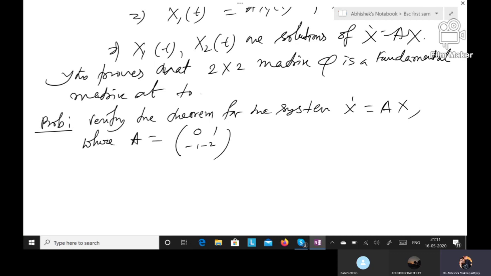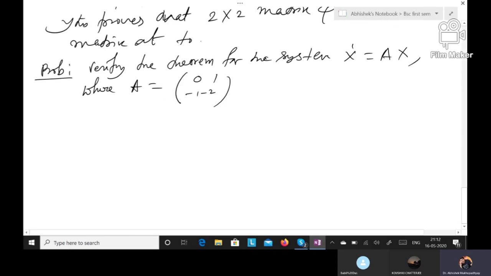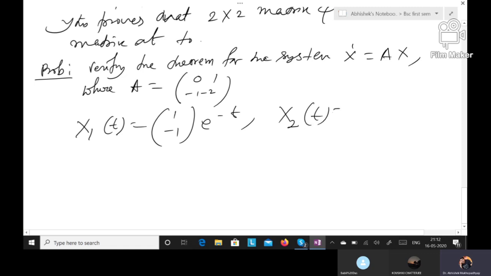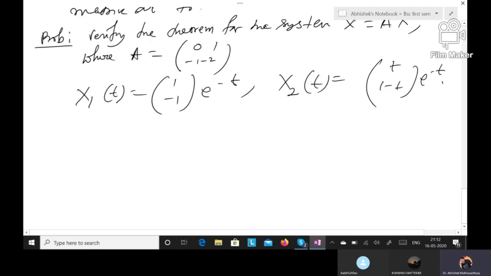Now one can easily check that the solutions for this system will be x1 t equal to (1, minus 1) e to the power minus t, and x2 t equal to (t, 1 minus t) e to the power minus t. So at any point t, these two column vectors are linearly independent.